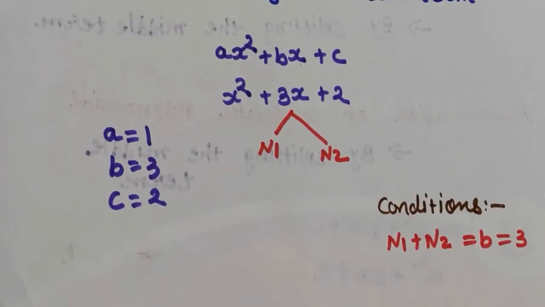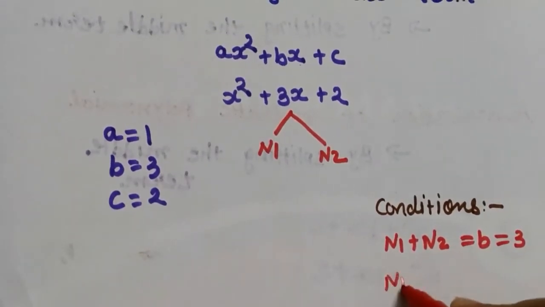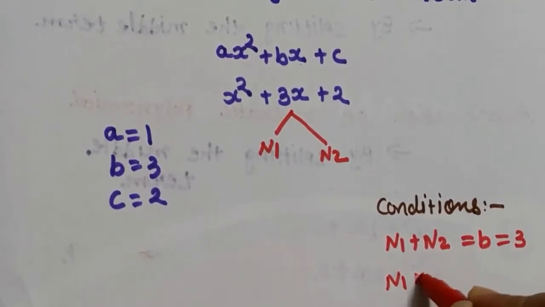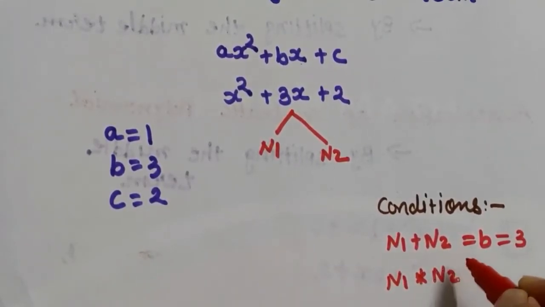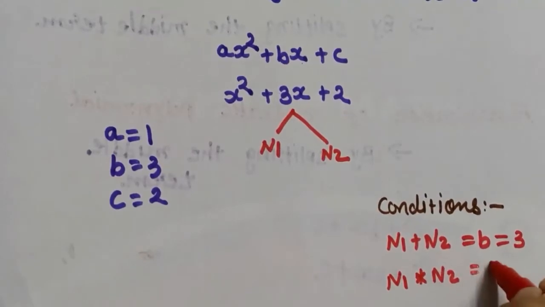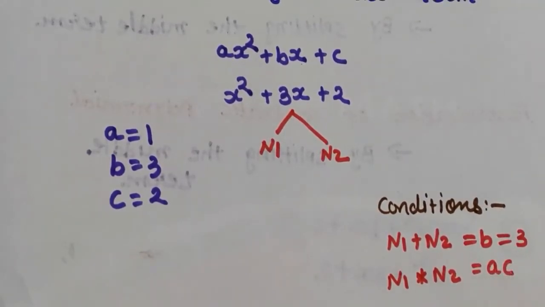Then what is the next condition? Next condition is that n1 multiplied by n2 is equal to AC. Product of n1 and n2 should be equal to product of a and c.